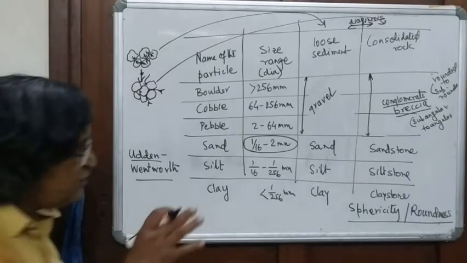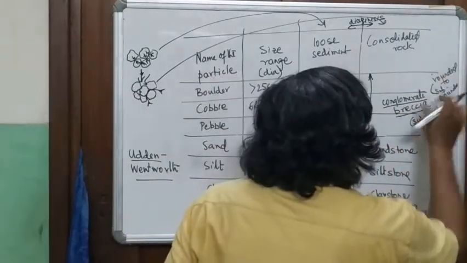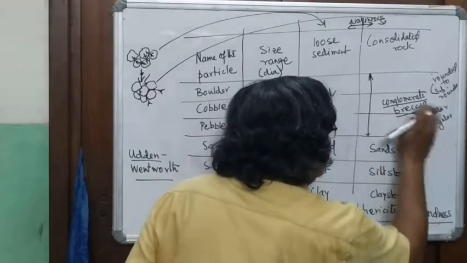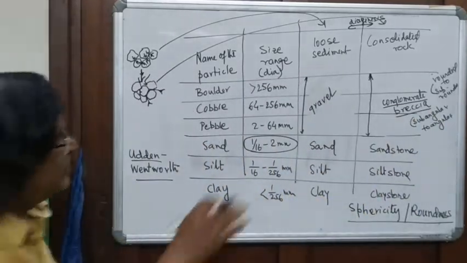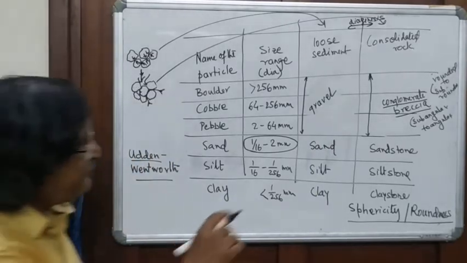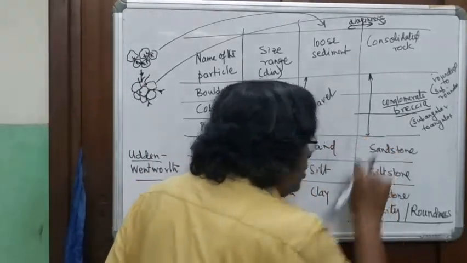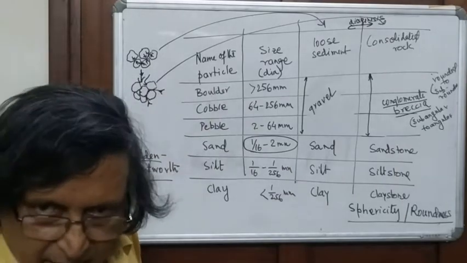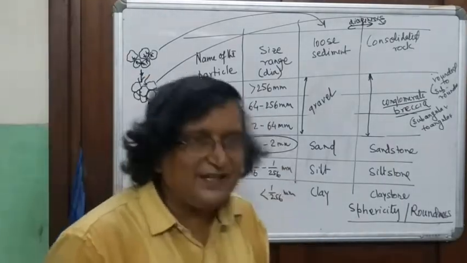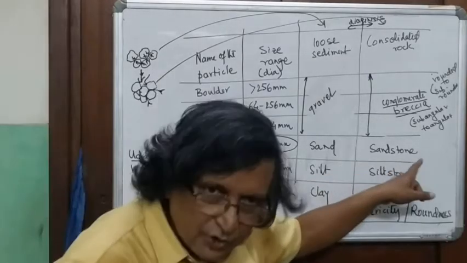So when the individual grains are rounded to sub-rounded, you call it conglomerate. When it is subangular to angular, you call it breccia, for the size range larger than 2 millimeter diameter. But if you have a size range of 2 to 1/16 millimeter diameter, you call it sandstone.